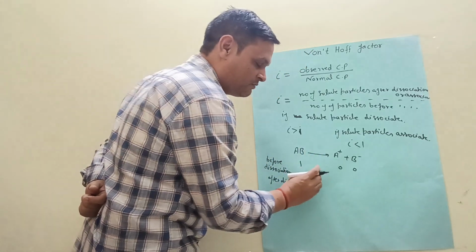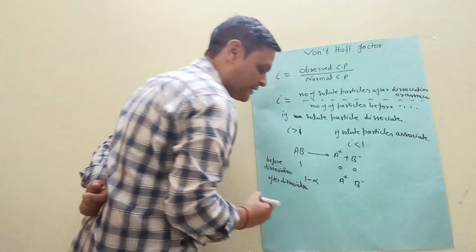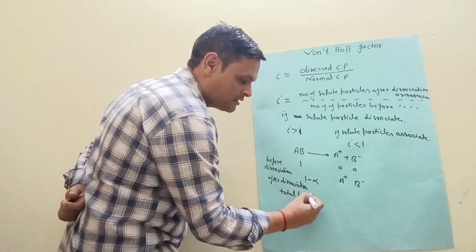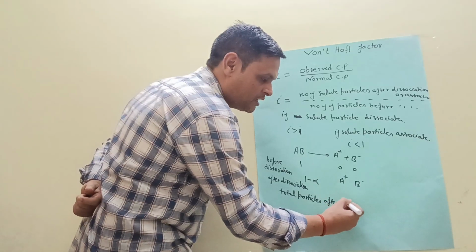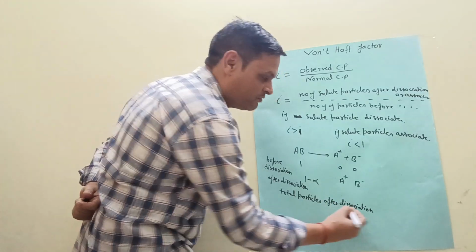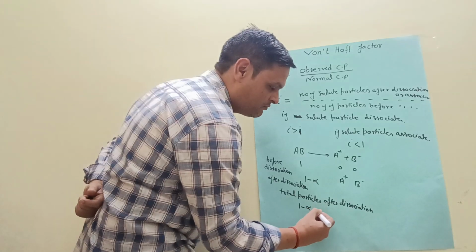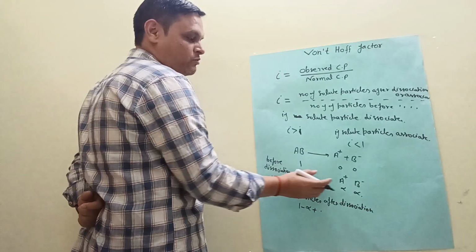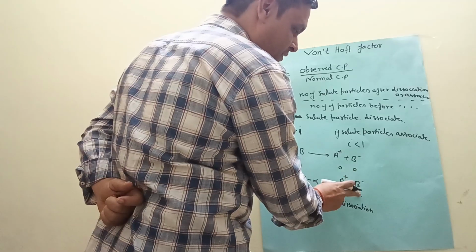Alpha means degree of dissociation. Suppose that alpha amount dissociates into A plus and B minus. Then the total particles after dissociation: 1 minus alpha plus alpha and alpha, since if alpha quantity dissociates, then alpha quantity of A plus and alpha quantity of B minus form.